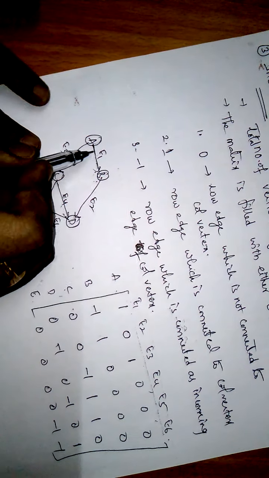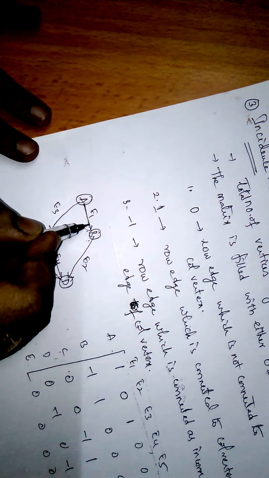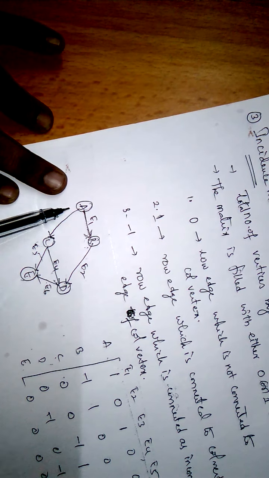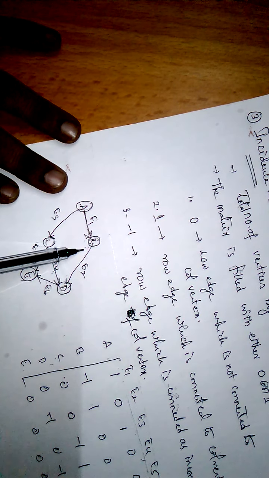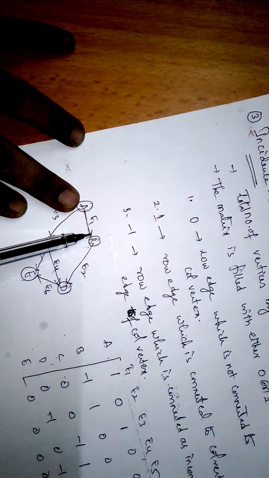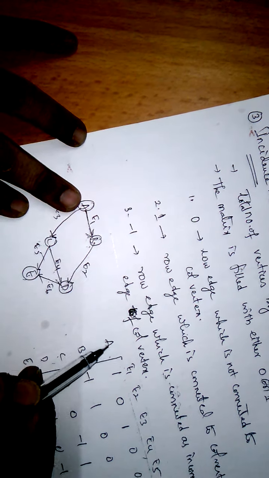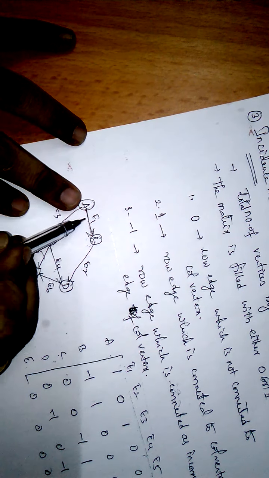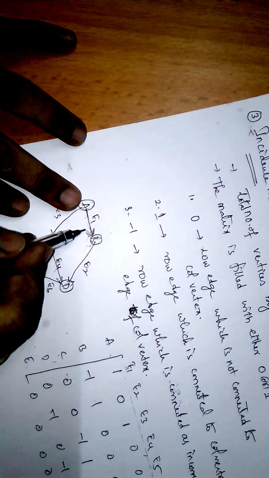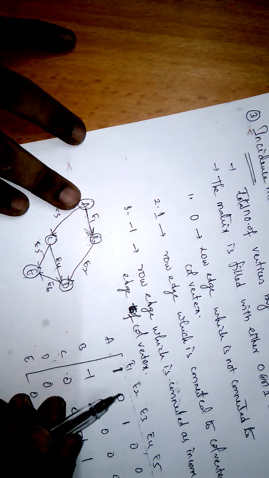Now for A, an edge E1 is outgoing, so the value is 1.